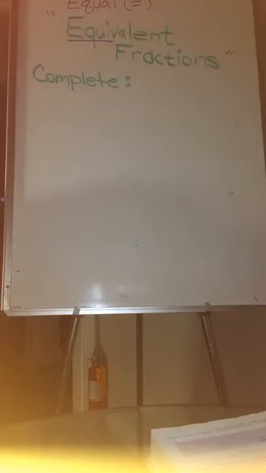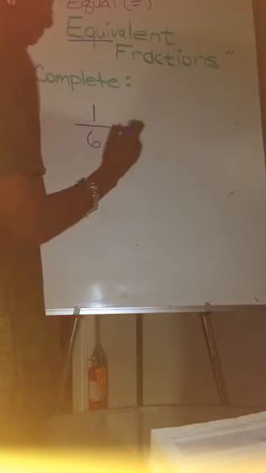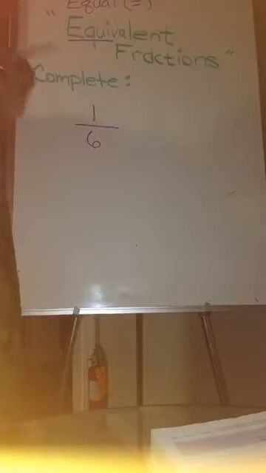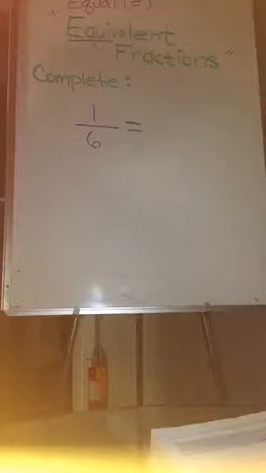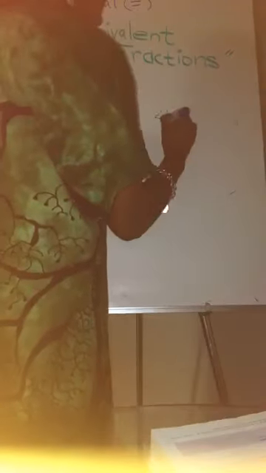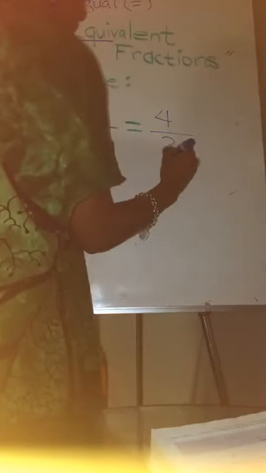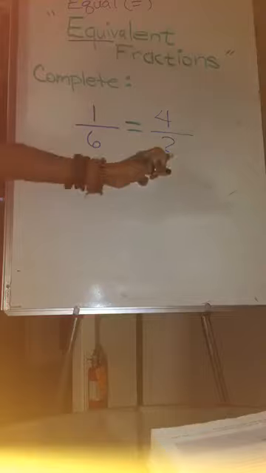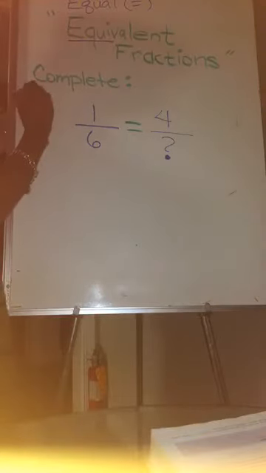Let's do 1 divided by 6 equals 4 over something, and we don't know what this number is. The question is, this is missing. What is that number? Remember, this is our numerator divided by our denominator.